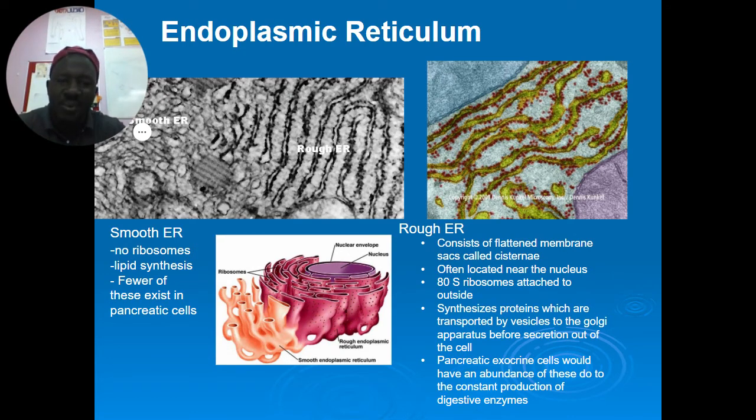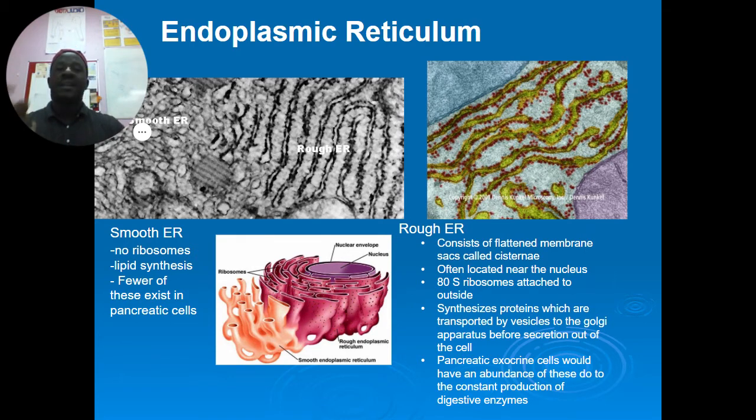It synthesizes proteins and transports them by vesicles. The role of these endoplasmic reticula is to synthesize proteins, modify them, giving them different structures or different roles they are going to serve, and then pack them.